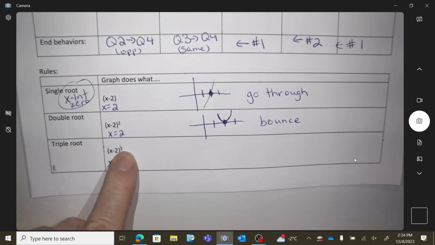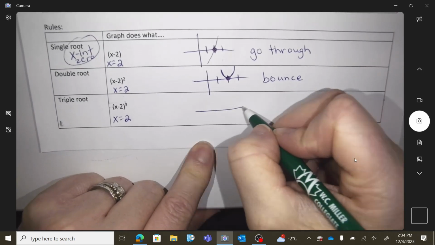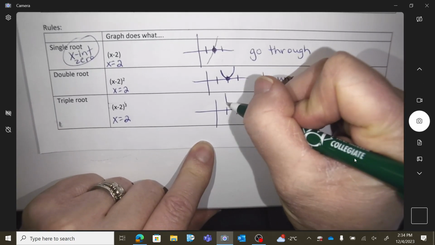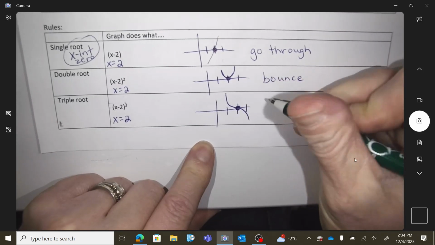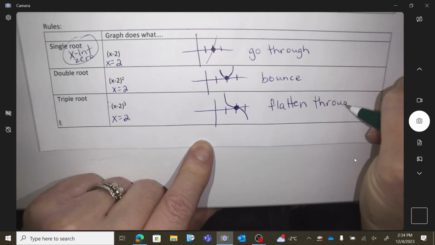And this one has a 3 up here, so it's called a triple. So this time, when you get to 2, you're going to flatten through.